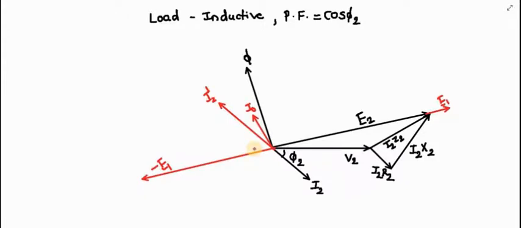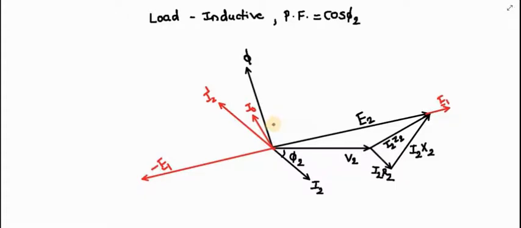What is no load primary current? It is nothing but the I0, right? So when I2 is equal to 0, whatever current the primary will take is nothing but your no load current I0. So I0 is drawn in such a way that its magnitude is equal to the current drawn by primary when the transformer is on no load.